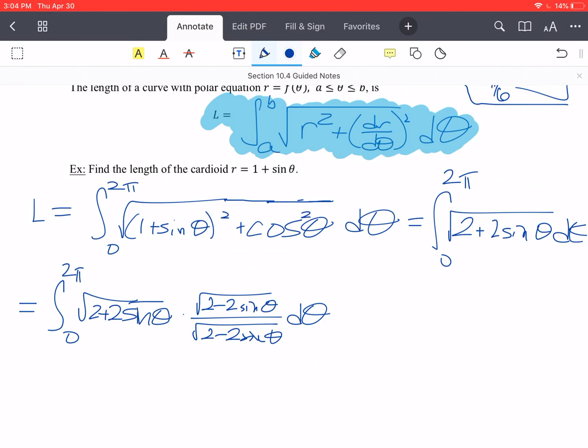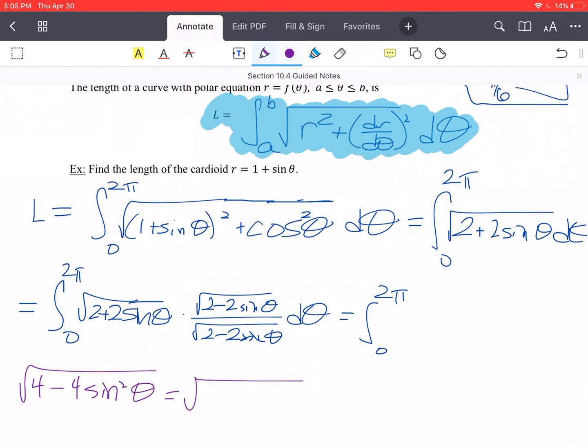When we do that, let me show you what's going to happen. The numerator is going to become 4 plus 4 sine theta minus 4 sine theta, that's the outer and the inner in the FOIL, and then minus 4 sine squared theta.